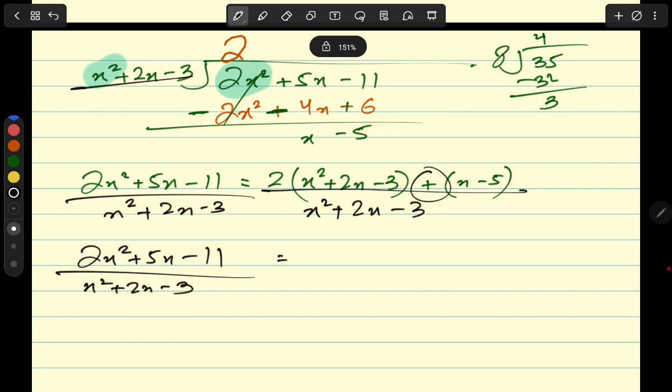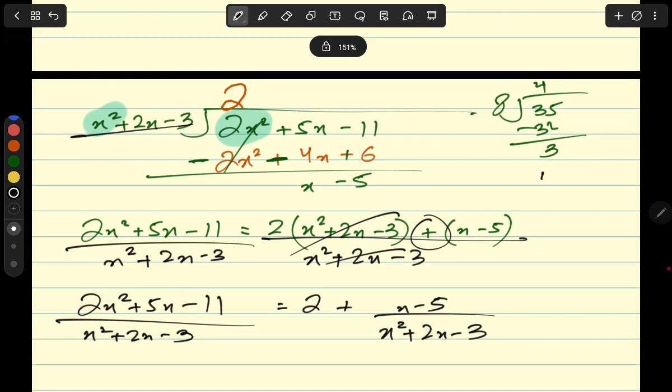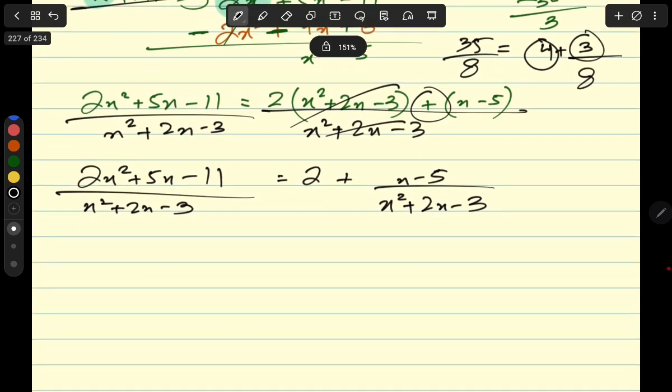So this cancels with this, and this becomes 2 plus x minus 5 over x squared plus 2x minus 3. This is exactly what we were doing earlier, that this was 4 plus 3 upon 8: quotient plus remainder upon divisor. The divisor was 8, so this was equivalent to 35 upon 8.